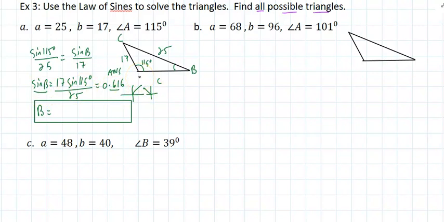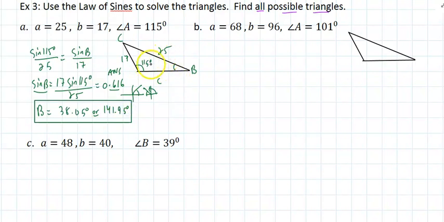If I take the inverse sine of my answer, I will get either 38.05 degrees, that's here, and if this is 38.05 degrees, then this is 180 minus that, which is 141.95 degrees.